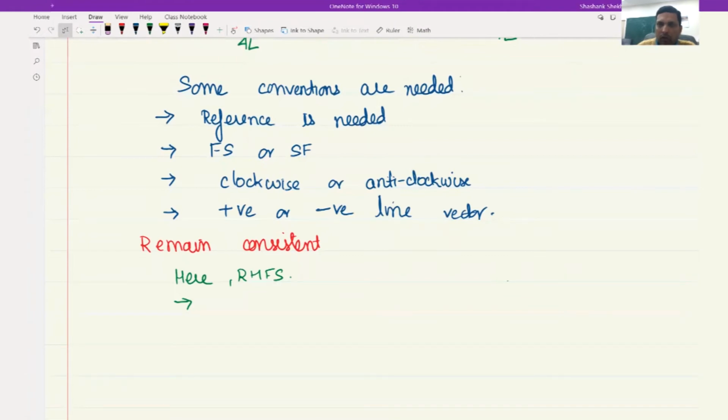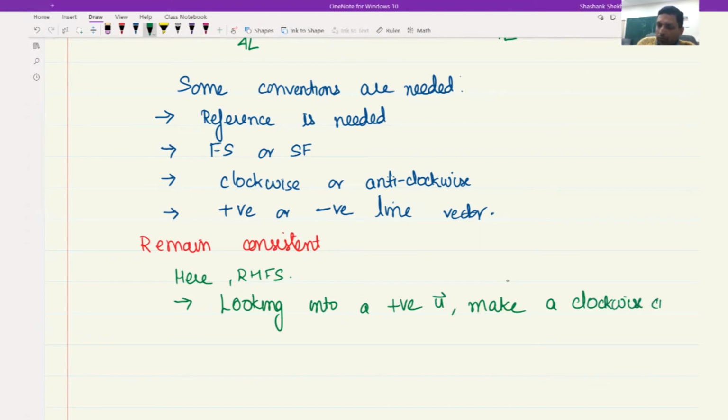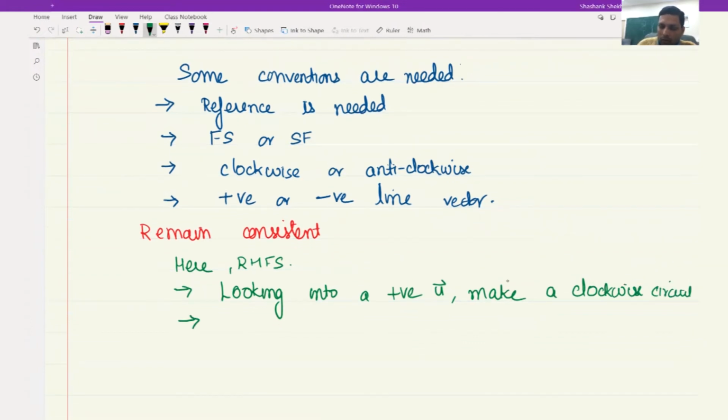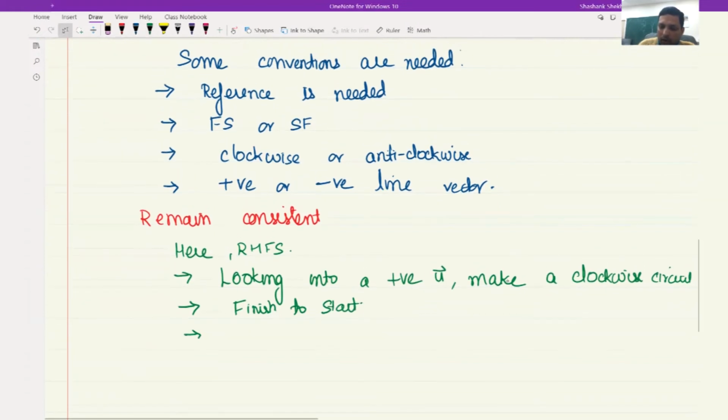So what we mean by right hand is that looking into a positive line direction, make a clockwise circuit. Finish to start, and that stands for FS. And compare with perfect crystal.